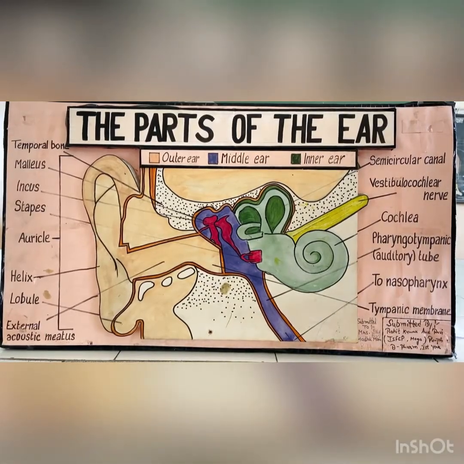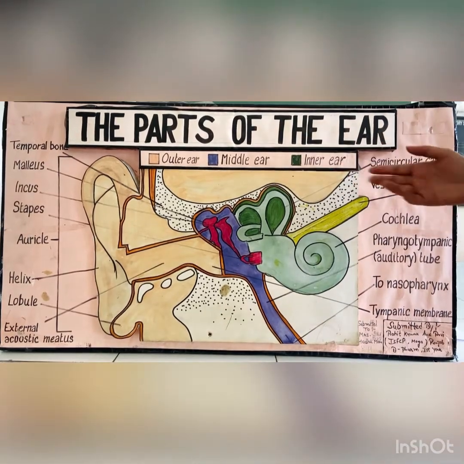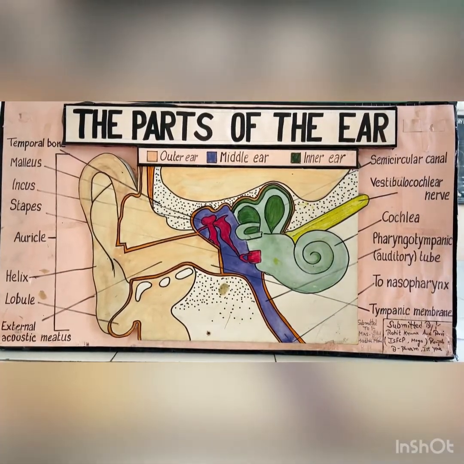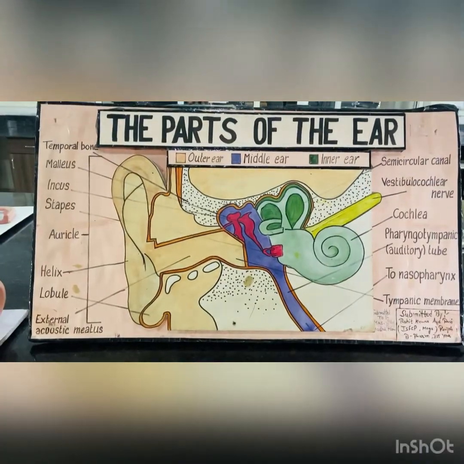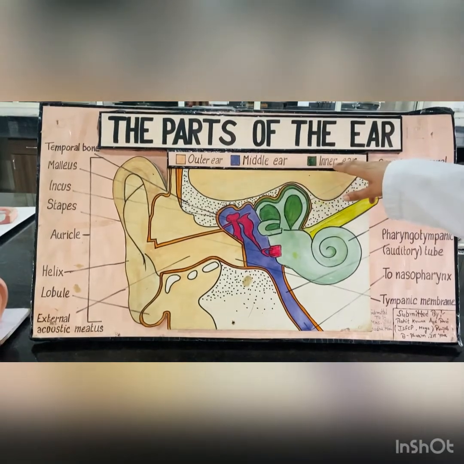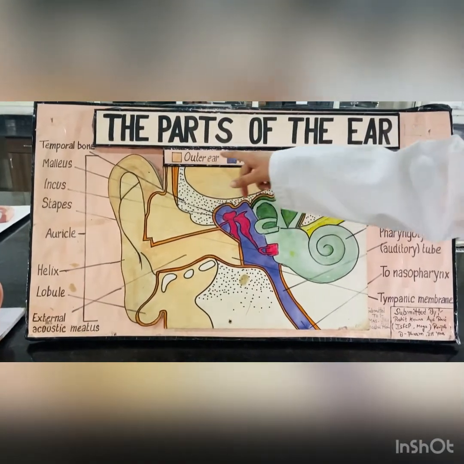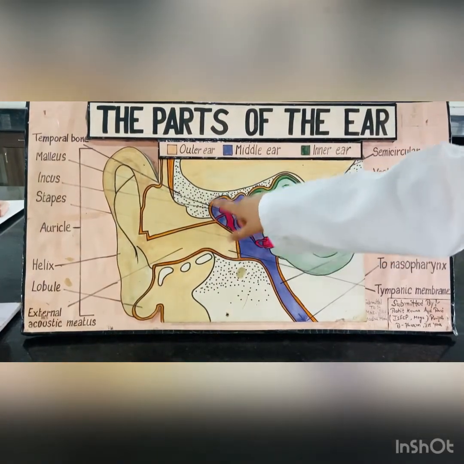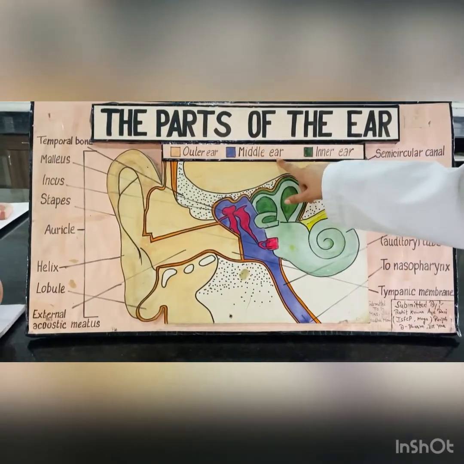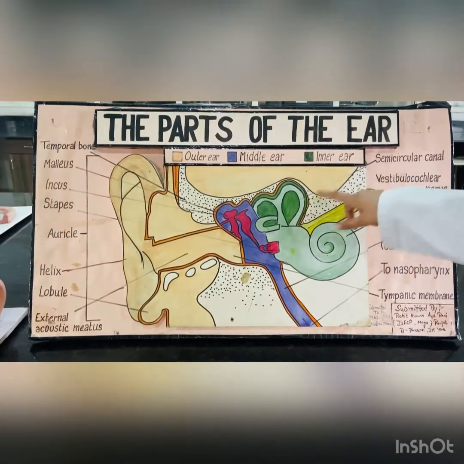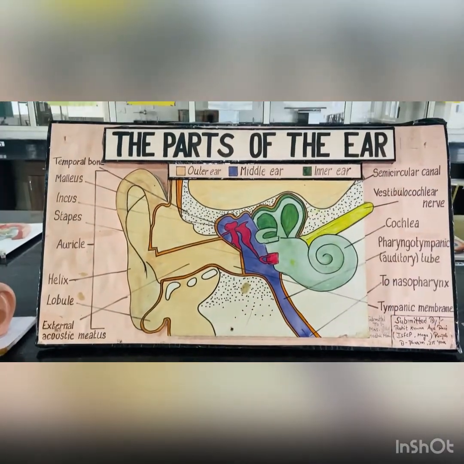Let's discuss various parts of the ear using this beautiful model designed by our students. Our ear is divided into 3 main parts: the outer ear, which is shown in skin color, then the middle ear, shown in purple, and at last the inner ear, which is green in color.